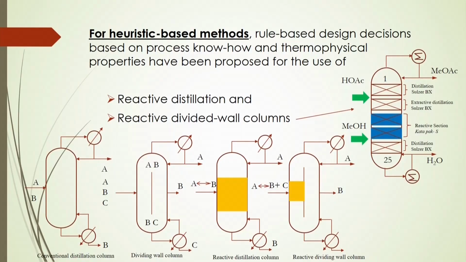Finally, after the reactive extraction and distillation, you can get methyl acetate as a product from the top, whereas from the bottom you can have the water solution. In this way you can design a sustainable design of a certain process based on this heuristic method.